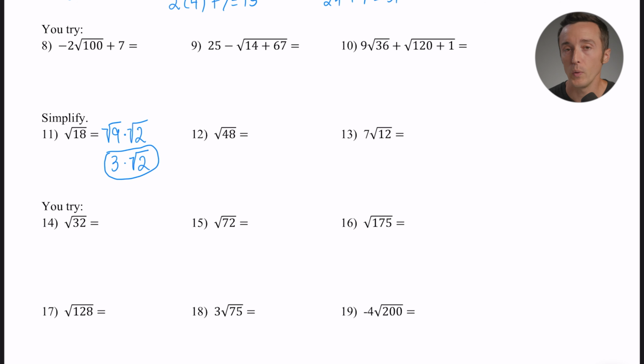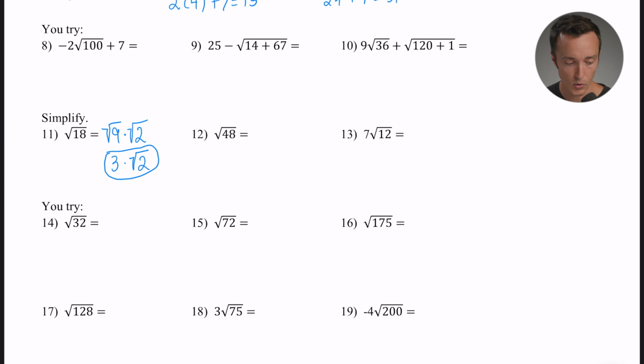And the reason is because we've simplified this into terms that are as simple as they can get. Sometimes you'll hear math teachers say we've pulled any of the perfect squares out of the number 18. Square root of 2, can't simplify that any further. You could get a decimal approximation of it, but for now, let's just leave it like that, 3 times the square root of 2.